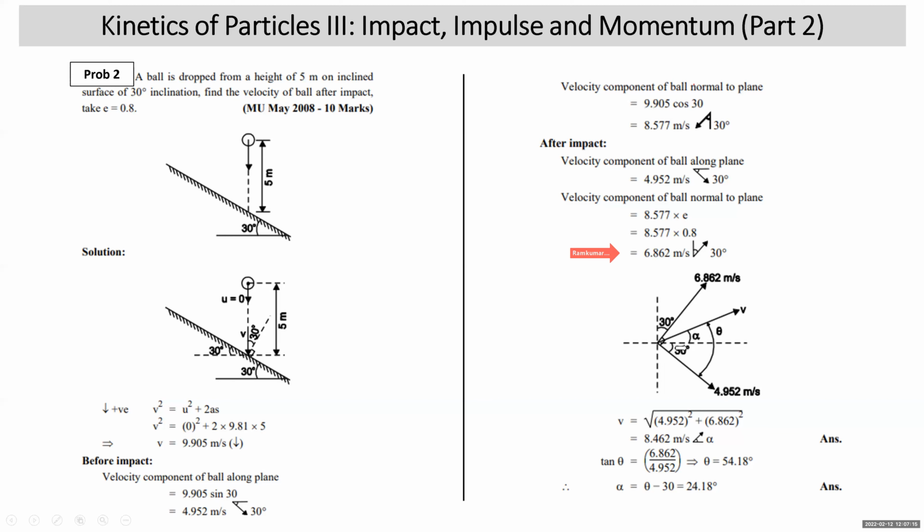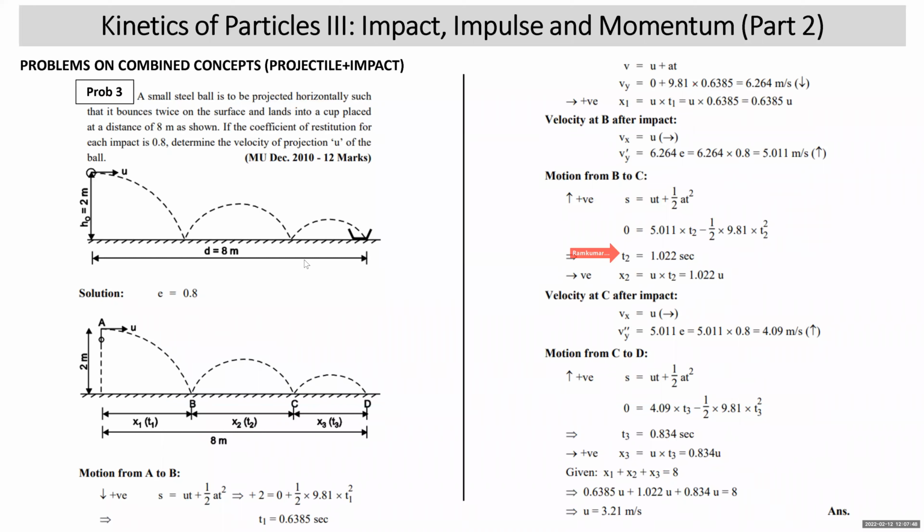Here the component along the plane is making 30 with horizontal. You want to find the angle of the resultant velocity with horizontal. So 30 plus alpha is theta. So what will be alpha? Theta minus 30. Theta is 54.18 minus 30, which is 24.18. So we understood that the resultant velocity makes an angle of 24.18 degree with the horizontal. That is angle alpha. All right.